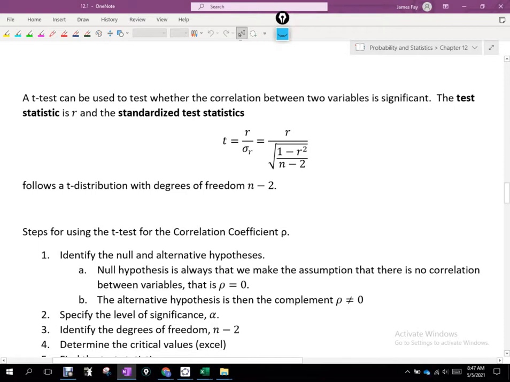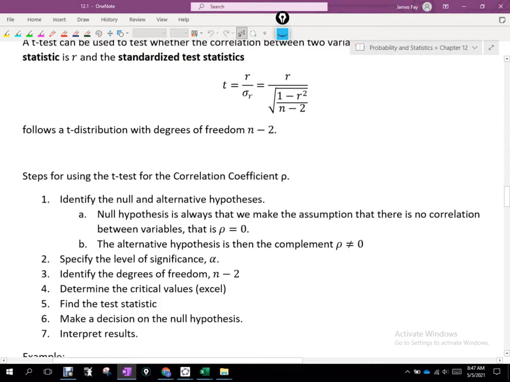So it's still a traditional hypothesis test using the t-distribution, but now the hypotheses use the variable rho, spelled R-H-O.